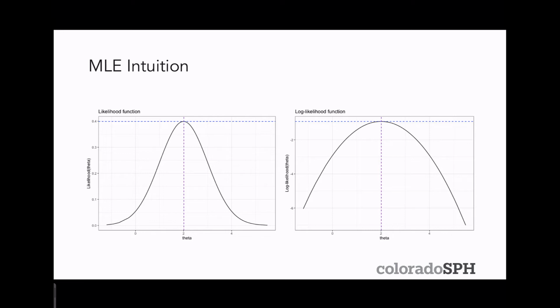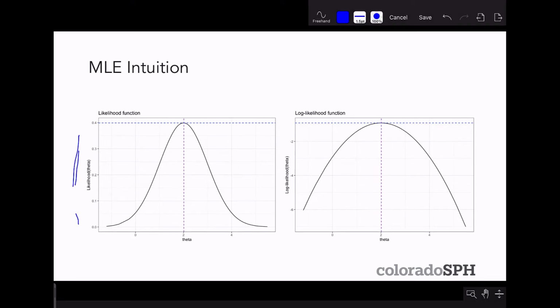So the log likelihood function can take any of these values depending on what value of theta you provide that function. So it takes a value of about 0.05 when theta equals 0, again 0.05 when theta equals 4, and it's at its maximum when theta is equal to 2. So the maximum value of that function occurs when theta is equal to 2.